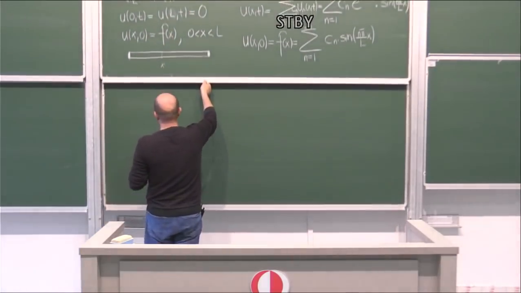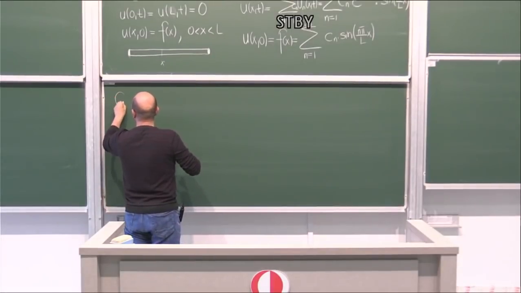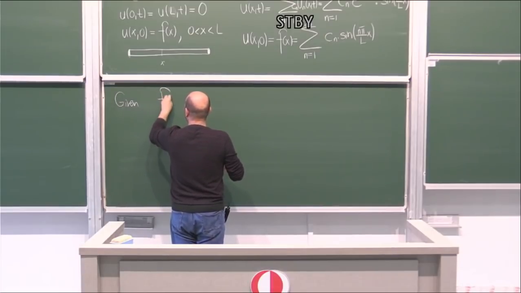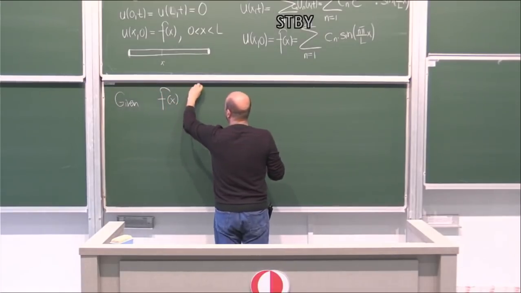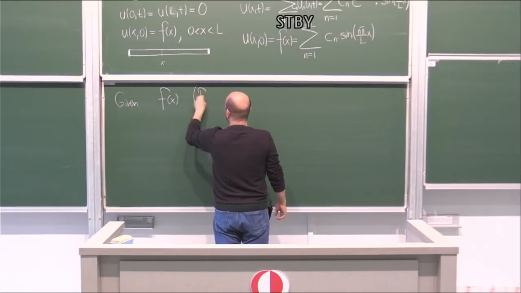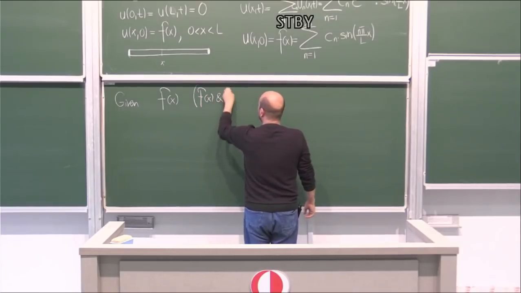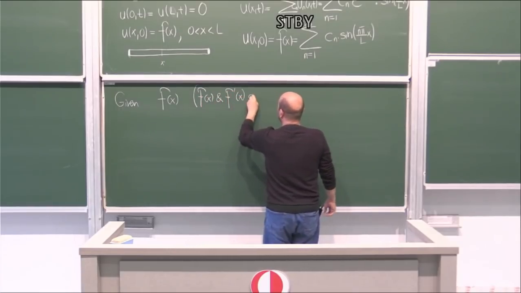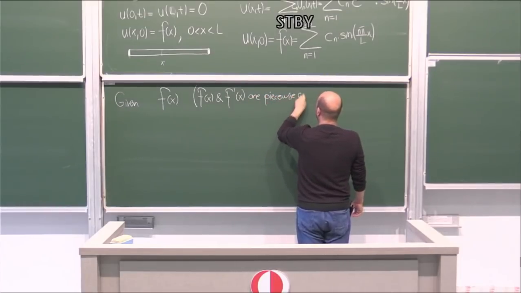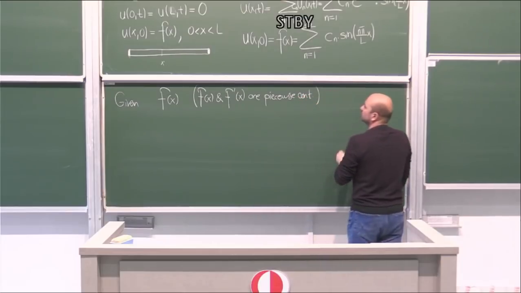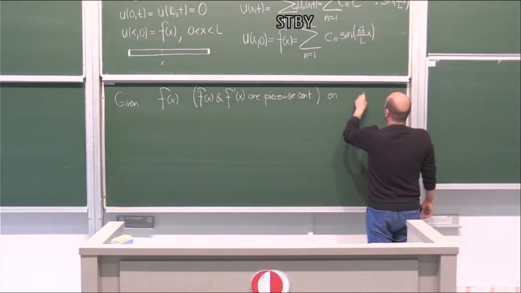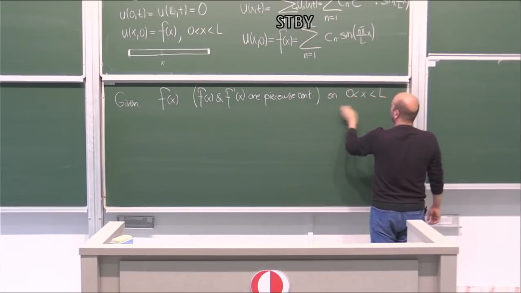So what I mean by this: let's say we are given f of x, and f of x and its derivative are piecewise continuous on this interval.